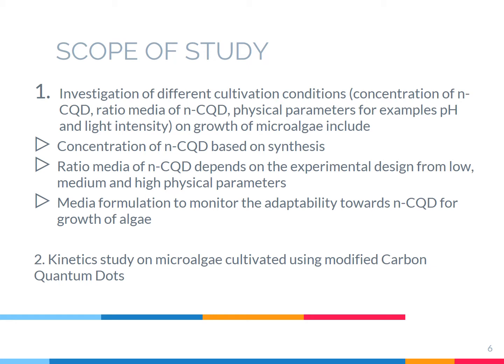This includes the concentration of n-CQD based on the production of n-CQD, which is a nanoparticle, ratio media depending on the experimental design, either at low or medium, and the physical parameters as well, and the media formulation in order to monitor the adaptability of algae growth towards n-CQD. And the next one is the kinetic study on the microalgae cultivated using modified carbon content dots.